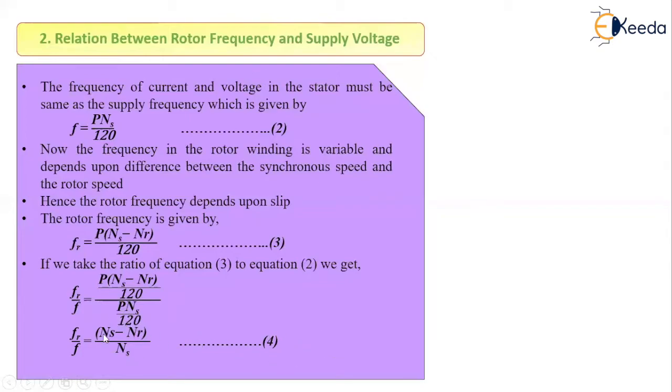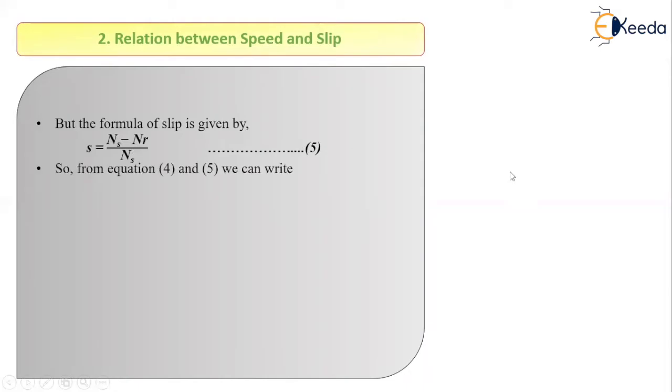Now if we remember, the formula of slip is S = (Ns - Nr)/Ns, which is equation number 5. If we combine equation 4 and equation 5, we can write the new formula as Fr/F = S, that is slip.